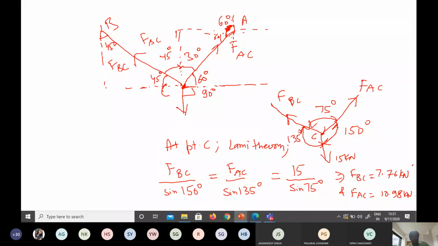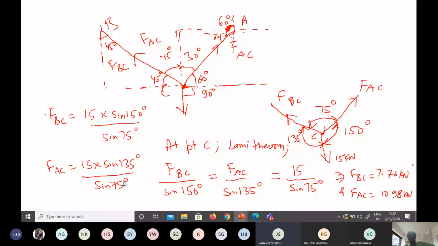So FBC should be equal to 15 into sin 150 upon sin 75. Similarly, FAC is equal to 15 into sin 135 upon sin 75. Is it clear now how we get the value? Now we come to the next problem.